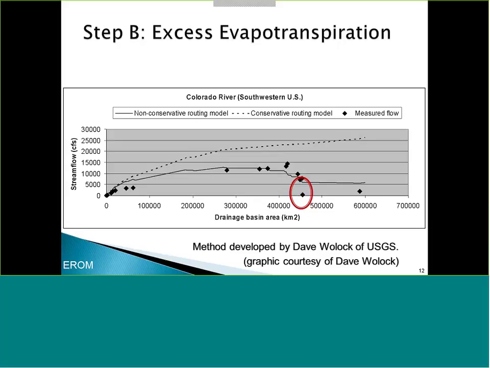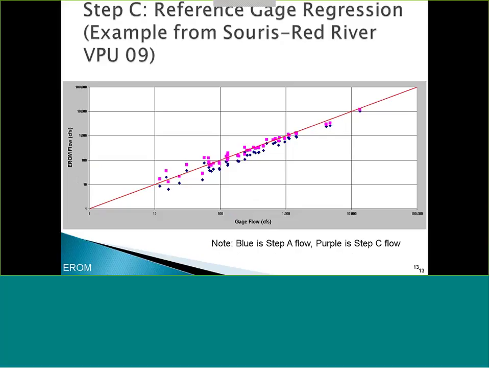Okay, now the next step is something we added because we were finding certain phenomena in different river basins where, especially when we were using runoff, Step A is the heart of the whole EROM method.